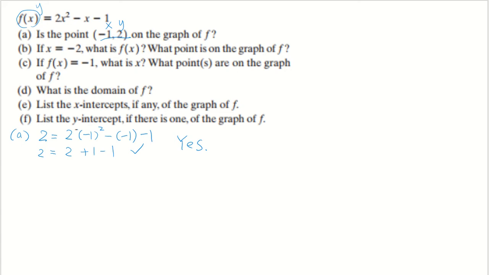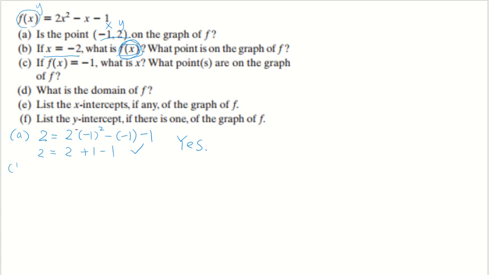So now let's look at B. If x equals -2, what is f of x? So remember, f of x is just y. Here they're asking you, if x is -2, what is your y value?